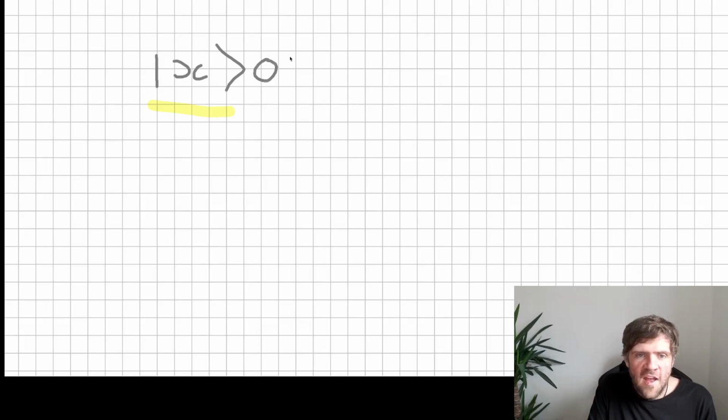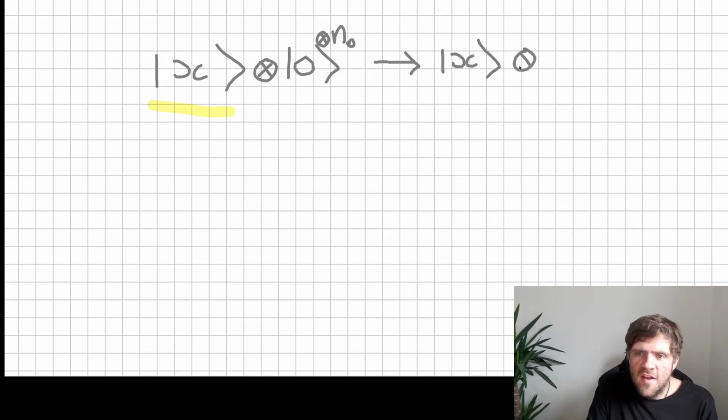We tensor product that with a bunch of zeros, specifically n_o zeros, and so we use this power and tensor product notation to show that we are taking a tensor product of n_o zeros, and we want our computation to be able to take such a state and rotate it into a state which again has our input expressed as a bit string, but also has the output expressed as a bit string.